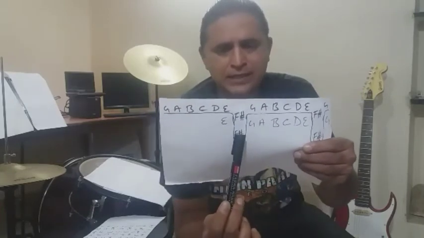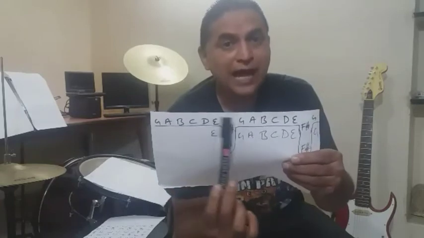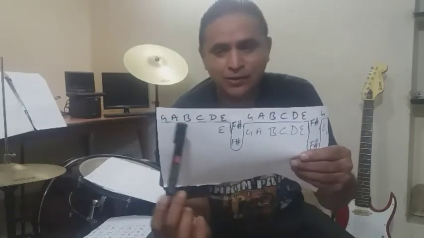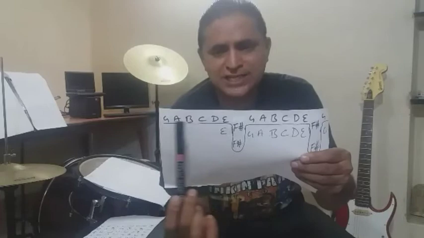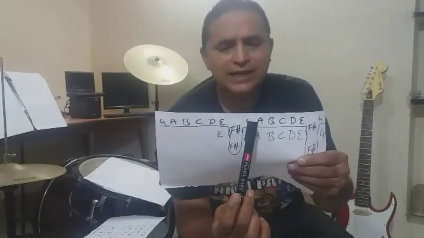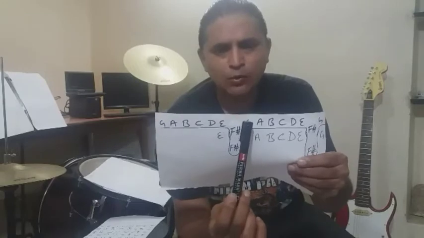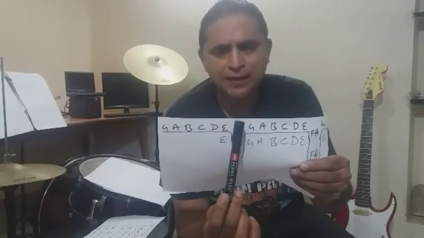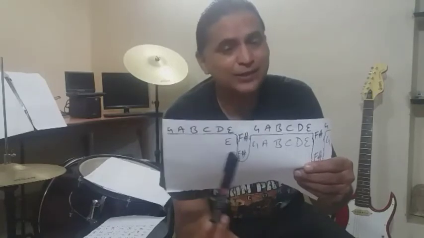Imagine this is a big diversion including your highway and your service road. So this is G scale, G, A, B, C, D, E, F sharp, G. So when I come 3 steps back, G, F sharp and E, this is your relative minor. You know, when you come back 3 steps, you will get its relative minor.